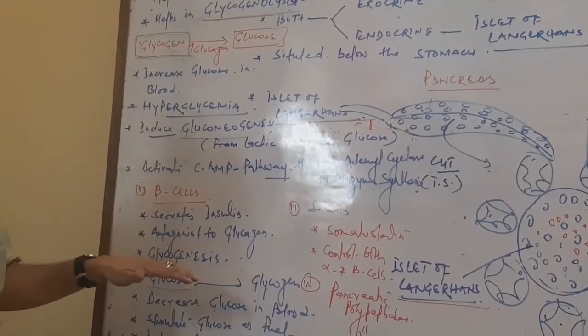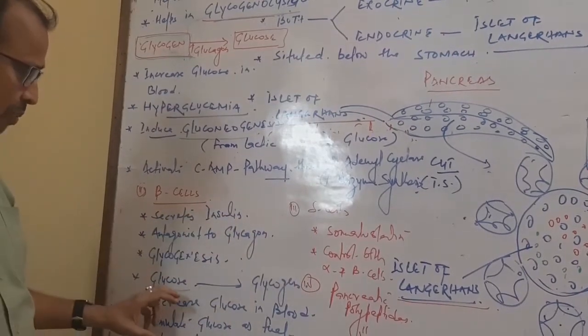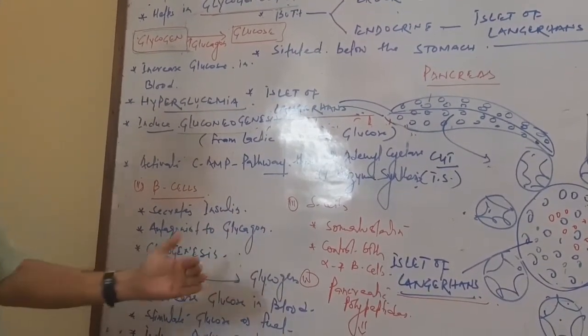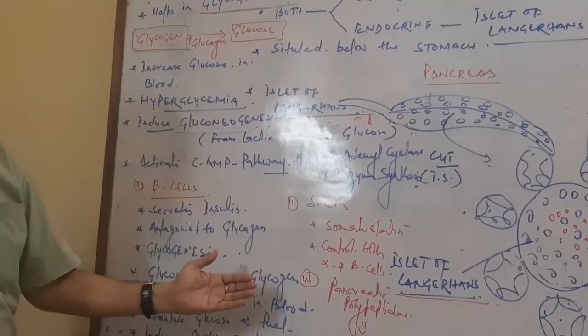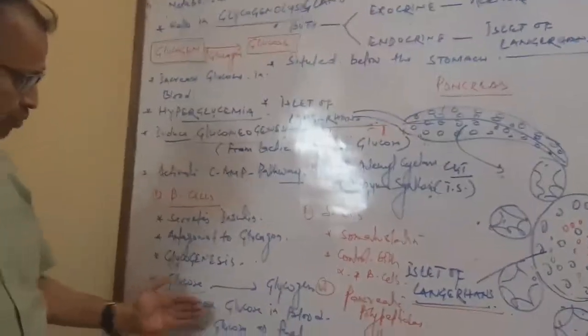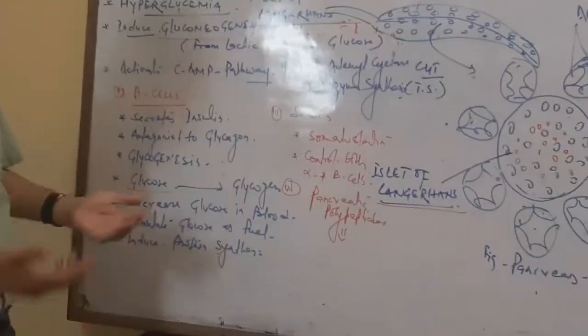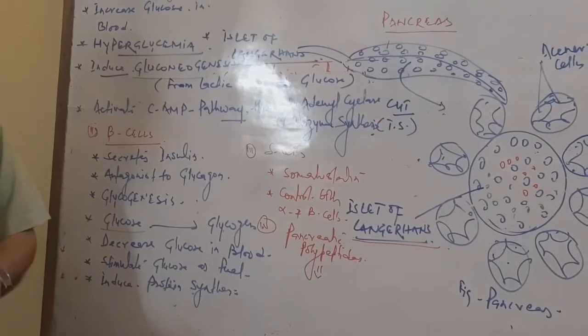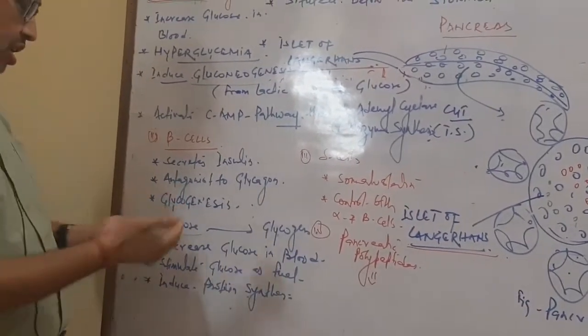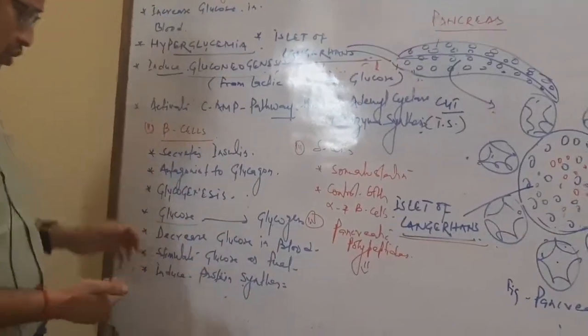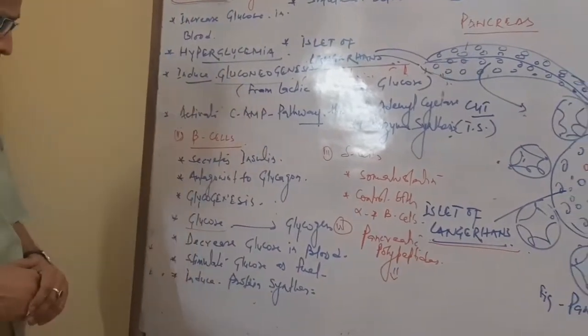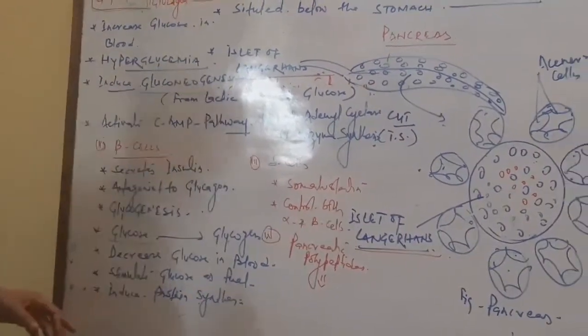This process takes place in the liver, so more glycogen forms inside the liver cells. This reduces the level of glucose, decreasing glucose in blood and helping in hypoglycemia.